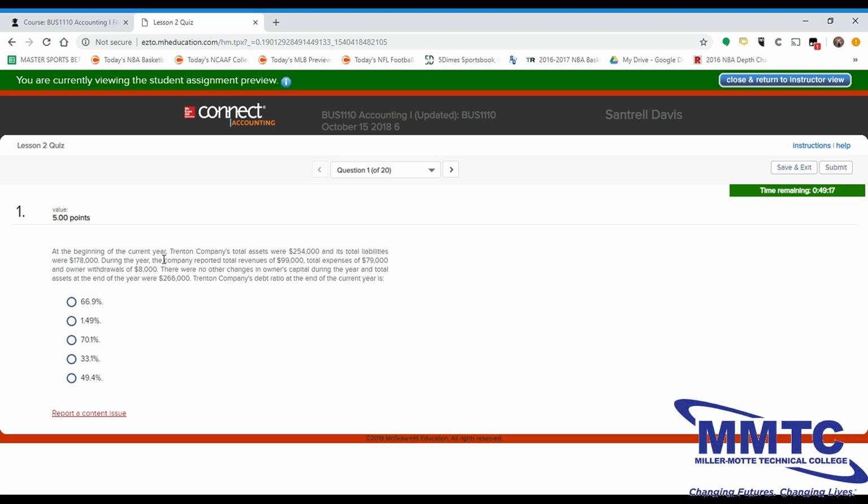We should be pretty close to what we need now. Alright, so we're missing beginning equity. Remember, use your accounting equation to find anything that's missing. So beginning, they gave us total assets and total liabilities. So 254 minus 178 is 76 for beginning equity. 76,000 for beginning equity.